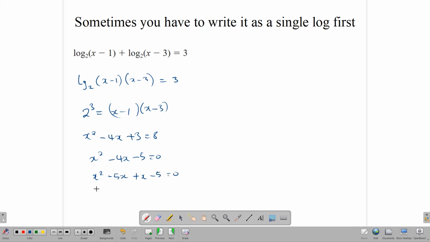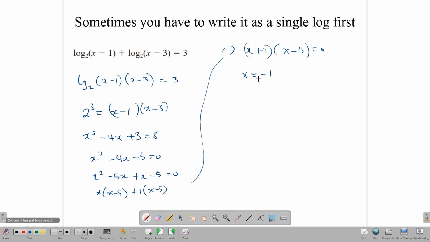So x into x minus 5 and 1, take x minus 5 out, and we'd have (x plus 1)(x minus 5) equals 0. Again, we end up here with x is equal to -1 from this, and x is equal to 5 from this. So again, this -1 wouldn't work.